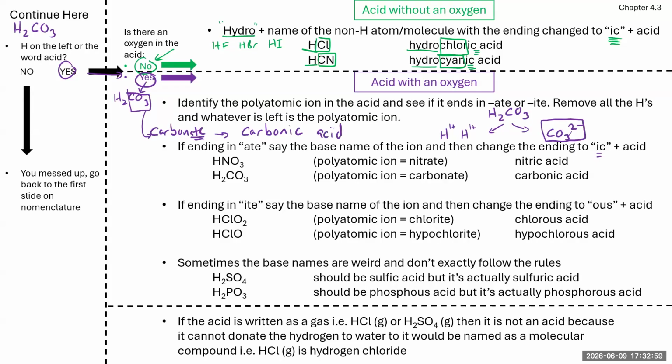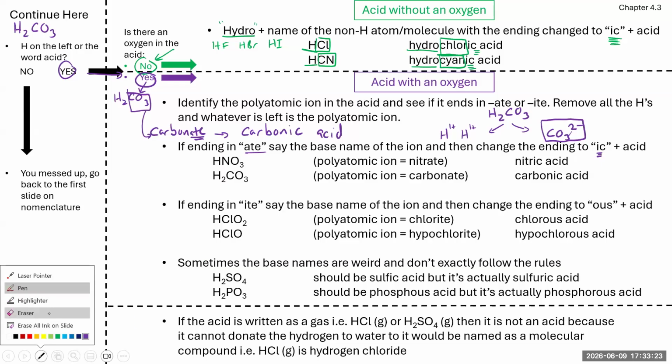Again, identify the polyatomic ion in the acid, see if it ends in ate or ite, remove all the H's, and whatever is left is the polyatomic ion. This polyatomic ion was called carbonate. Because it ends in ate, we're going to change it to ic. So carbonic acid.